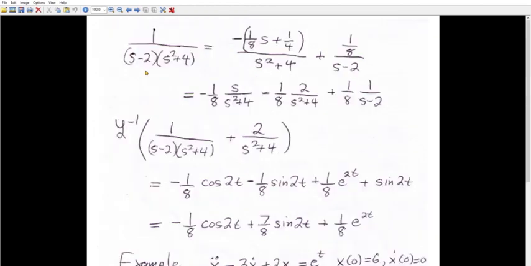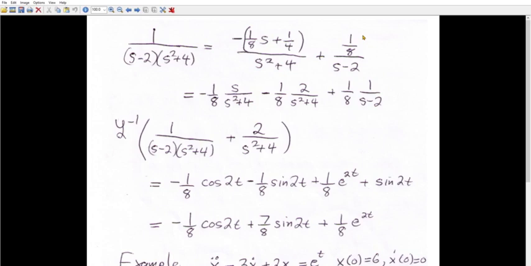So when we substitute a, b, and c back into the partial fraction decomposition, we get 1 over s minus 2 times s squared plus 4 is as, which was minus an eighth, plus b, which was minus a quarter, plus c, which was an eighth, and that gives us our decomposition.